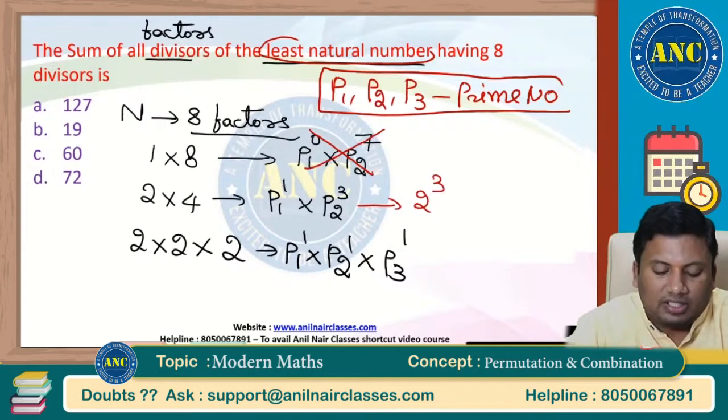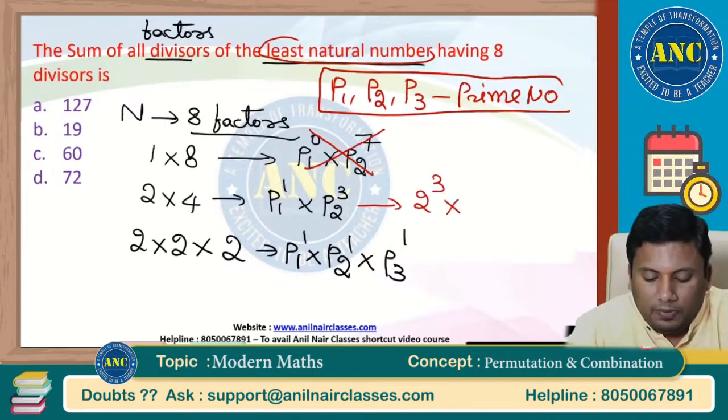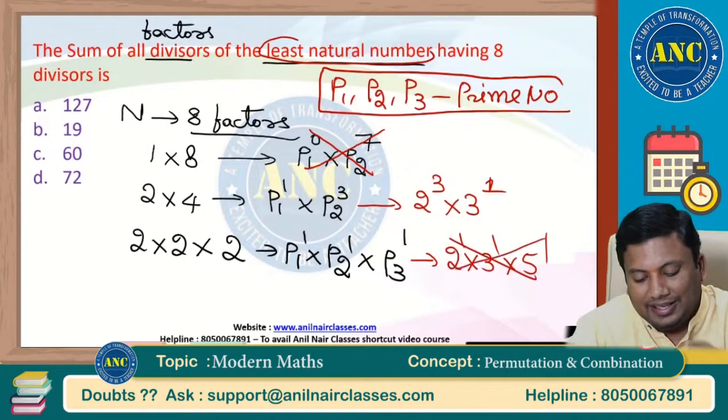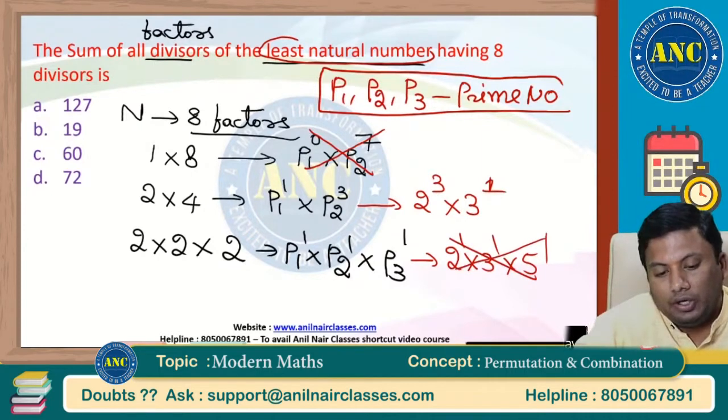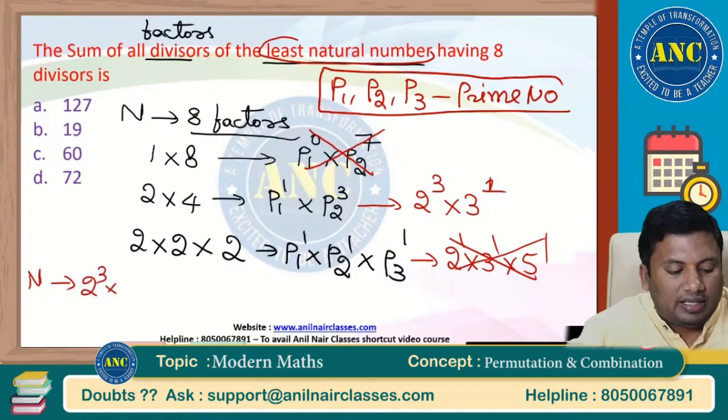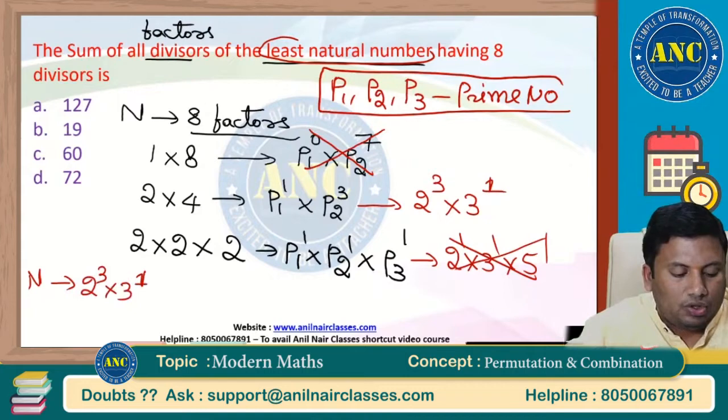Smallest means first I will give 2 cube into 3 power 1. If I give the smallest prime numbers 2 into 3 into 5, that is 30. 2 cube into 3 power 1 is the smallest number. So the smallest number which has got 8 factors is 2 cube into 3 power 1.